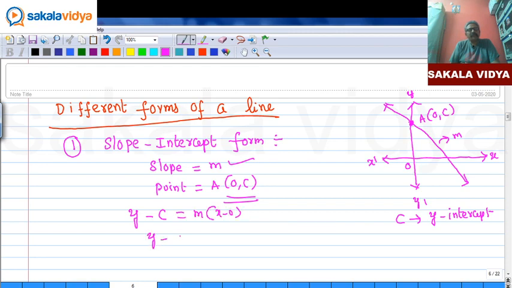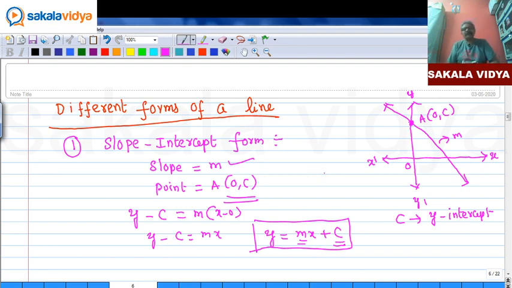So y minus c equals mx. Now we can write y is equal to mx plus c, where m is the slope of the line, c is the y intercept. So this is called slope intercept form, y is equal to mx plus c.